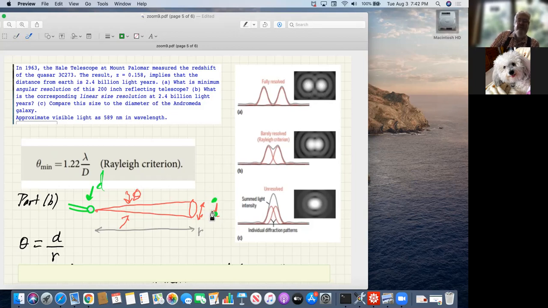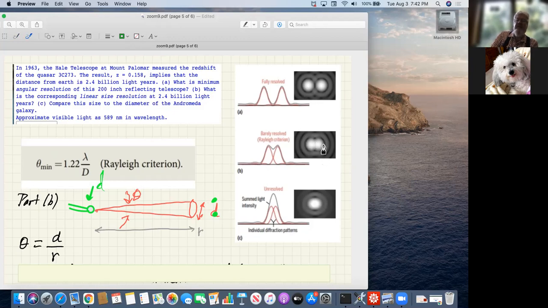If the two stars are far enough apart, I could tell them apart in spite of the fact that they are not point-like in the telescope. But if they're very close together, the two diffraction patterns would overlap, and I wouldn't be able to tell if that's one source or two sources.